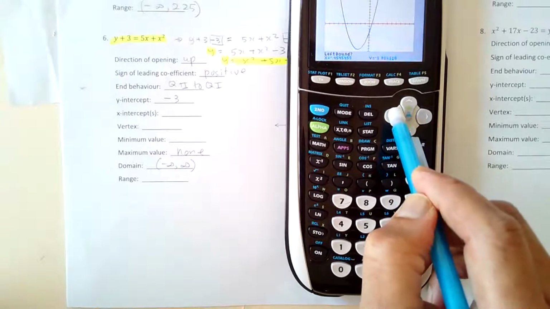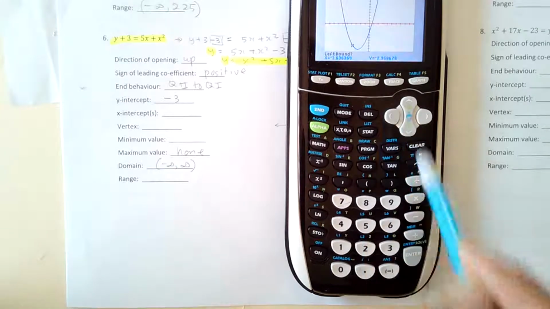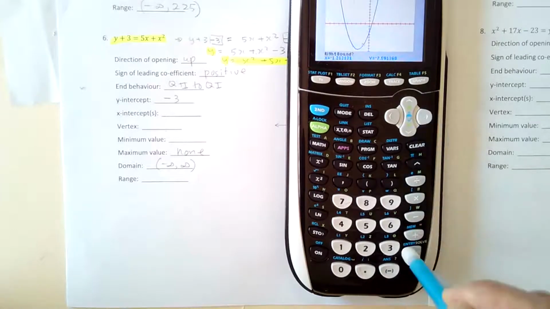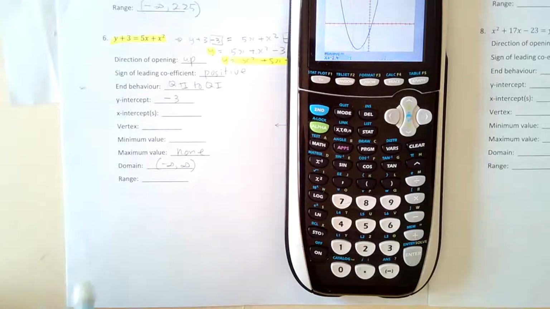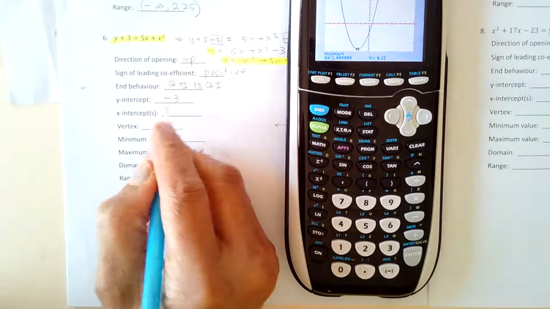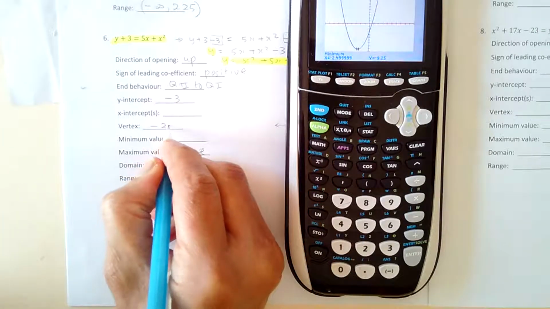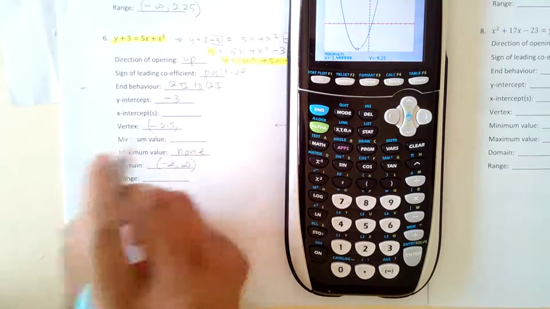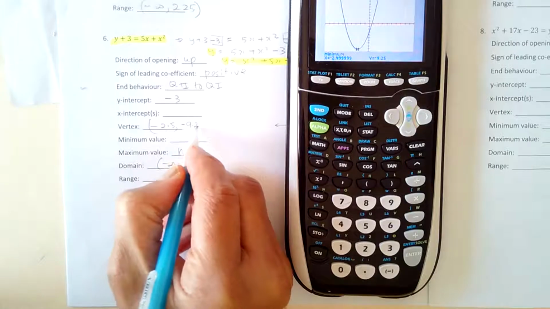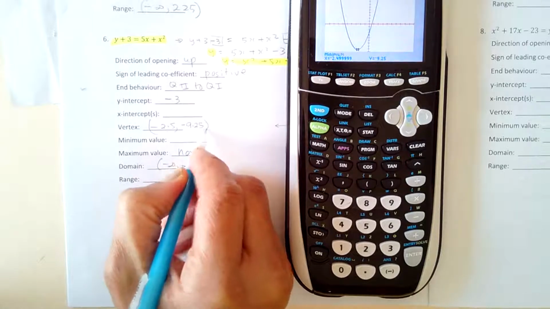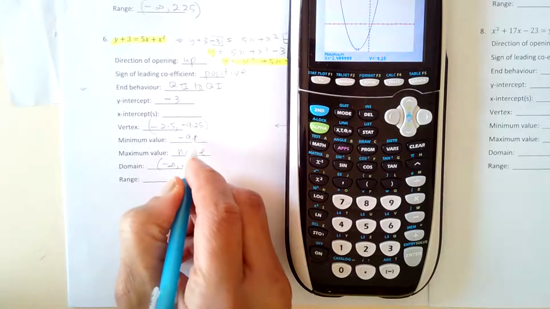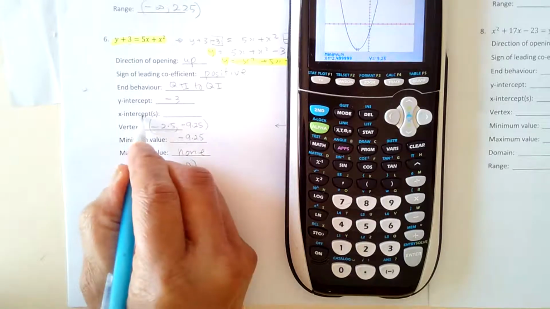Go to the left of the vertex, press enter, go to the right of the vertex, press enter, and press enter one more time, and that will give me -2.5, -9.25. So the minimum value is -9.25.